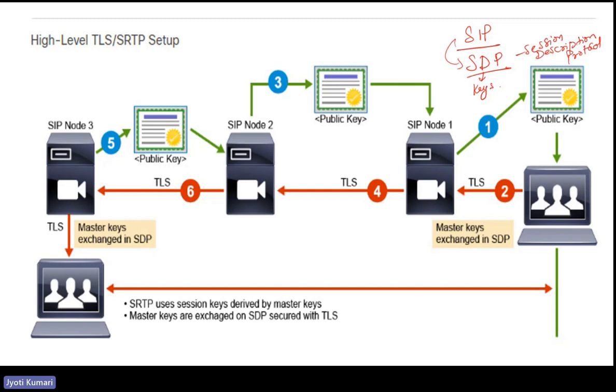For the transmission of media streams like voice or video, SIP uses the RTP protocol, but we can also use secure RTP to add further security. Unencrypted SIP uses port 5060, called the unencrypted SIP port.